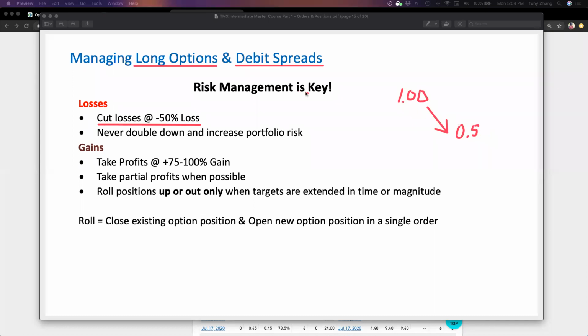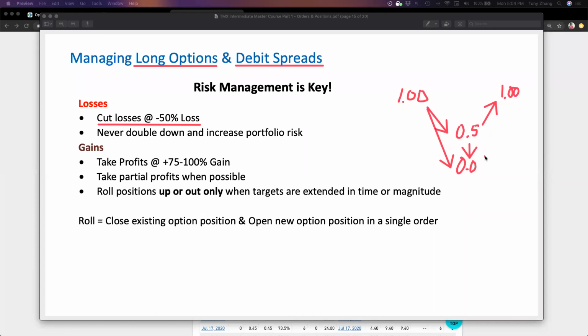Generally, whenever you're buying an option, you don't want your option to decay to zero. Once you've decayed to 50 cents, the probability of the option decaying to zero is relatively high, meaning the probability of it getting back to, let's say, $1 is pretty low. The reason for it is really because of time decay.